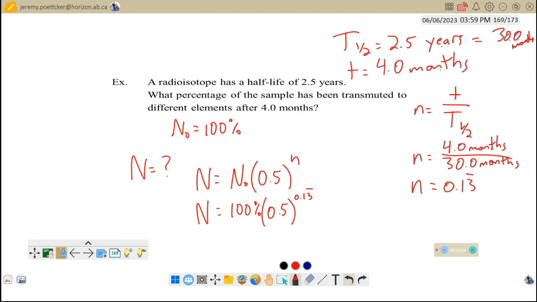So this is going to go into my calculator as n is equal to 100 times, and then a first bracket, 100 times 0.5, little hat, 0.133333333, or second function answer.